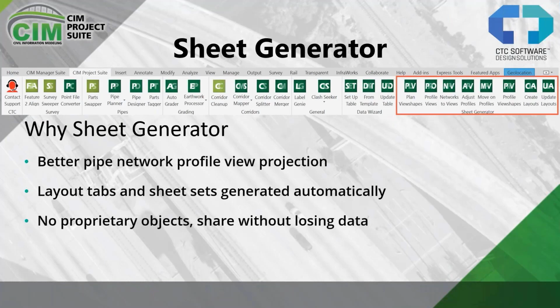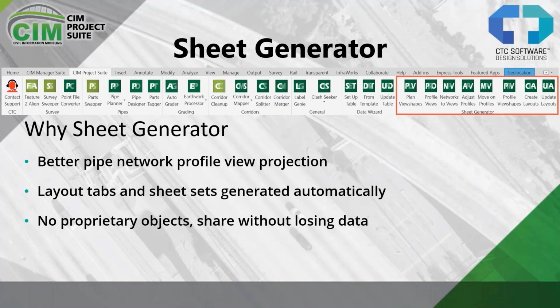We also have better pipe network profile view projections, meaning that we can set our controls to how far out it looks for our networks. And our layout tabs and sheet sets get generated automatically, which we are going to do in next week's presentation.